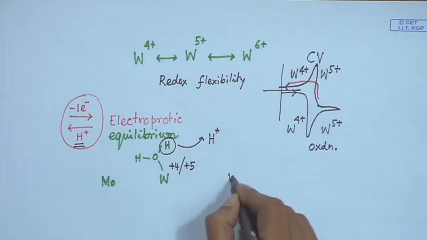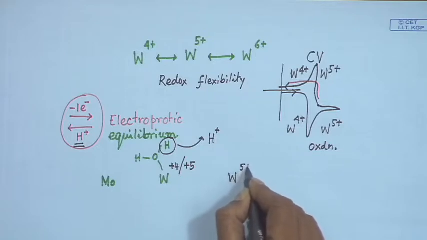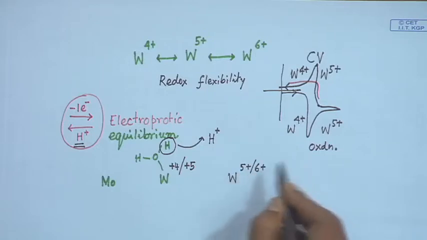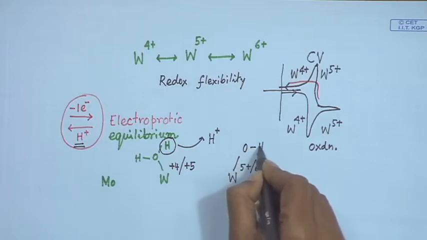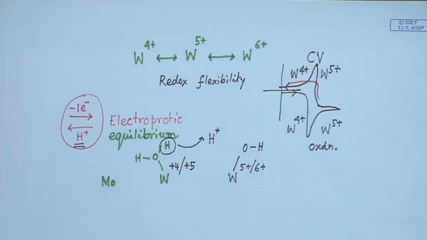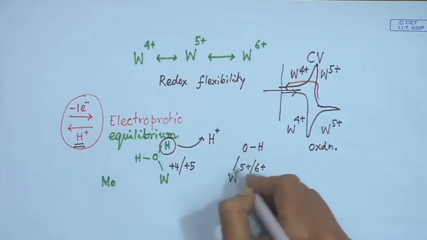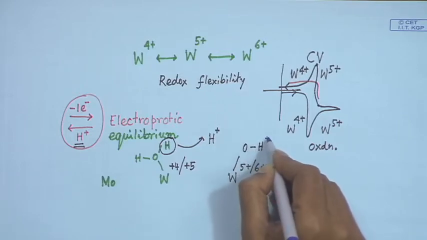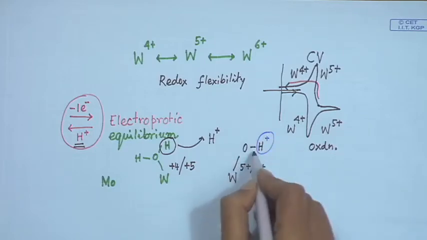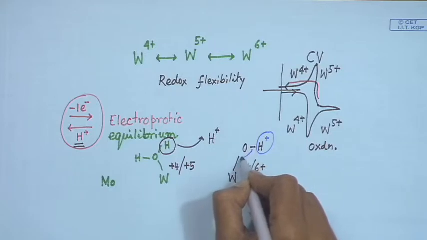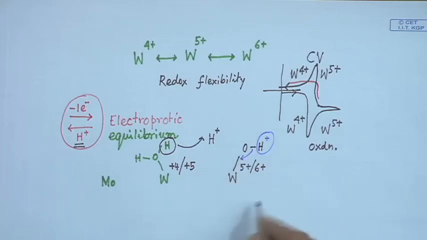So, if the same center is moving from 5 plus to 6 plus, and we have a bound water molecule, again our electron transfer can take place. So, this particular one is going as H plus, like another step of proton transfer, and this electron density is donated to this, and we get a tungsten oxo form.